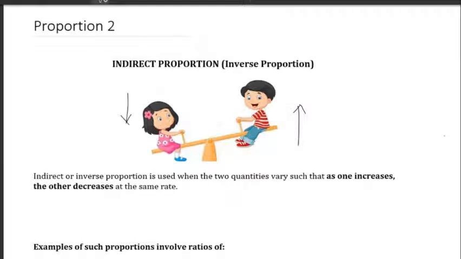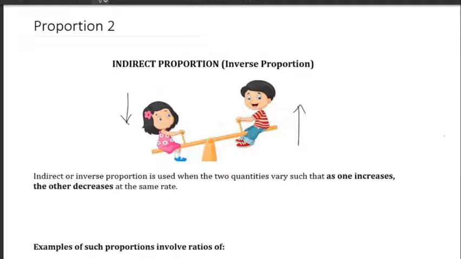So we use indirect or inverse proportion when two quantities vary such that as one increases, the other decreases at the same rate. A typical example is a number of people working at a specific rate, and we compare that to the time that they use to complete the work.